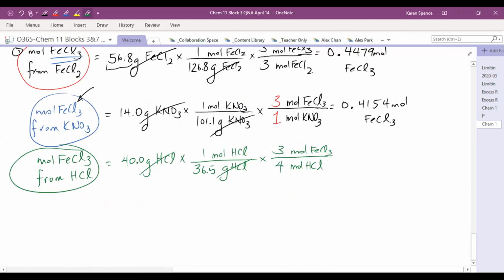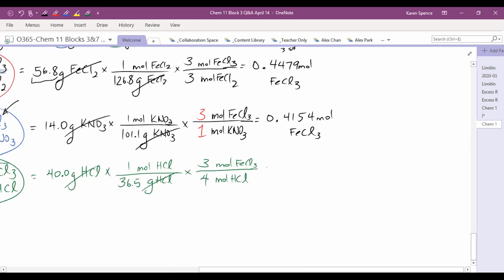So now we have 40 divided by 36.5 times 3 divided by 4 is 0.8219 moles of FeCl3. Let's make sure I did that right. Yep, okay.